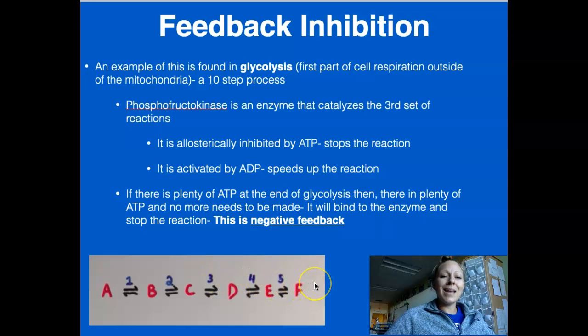This is a negative feedback loop. When there's plenty of ATP, it's going to signal the phosphofructokinase to stop working, to stop producing ATP.